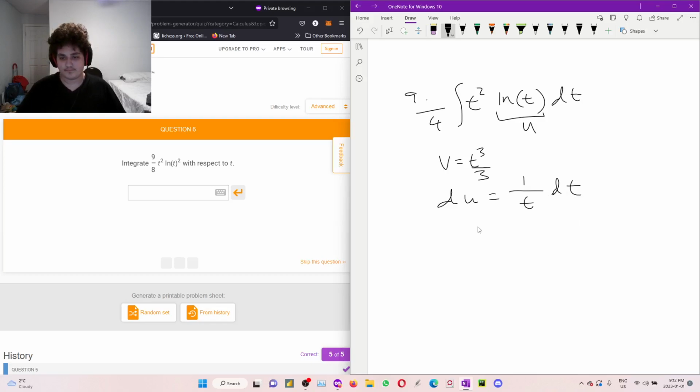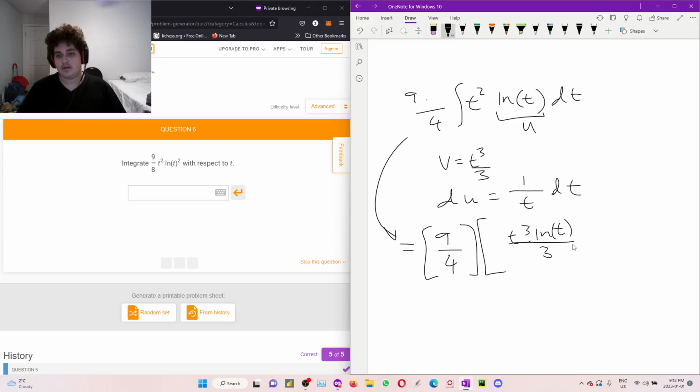And using this we can rewrite this integral as uv, so t cubed ln t by 3, and then subtract the integral of v du, so that's just going to be t cubed by 3 times du, like this.